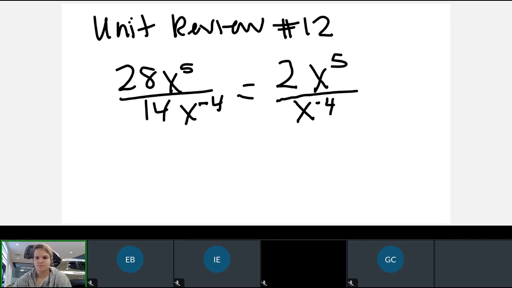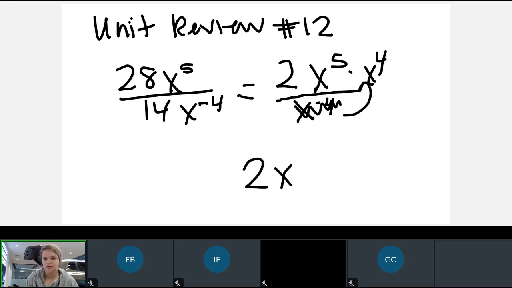What do we do with them? So we move them to the top, right? So now this is x to the 4th, okay? And that's being multiplied. So now what you were saying was add to the 5. So this would be 2x to the 9th. That's exactly right.